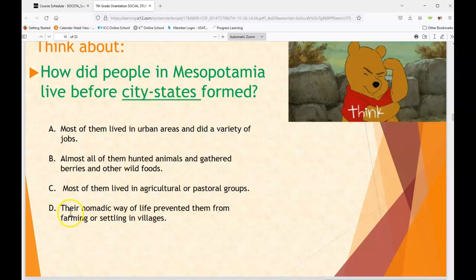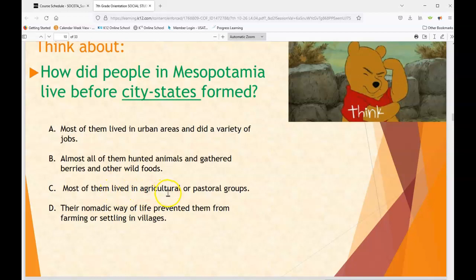Or they didn't farm or settle in villages? What's the best answer there? Well, city-state would be cities. So they didn't live in cities before they lived in city-states. Okay, that's the same thing. So eliminate A. Yeah, before city-states they hunted and gathered.